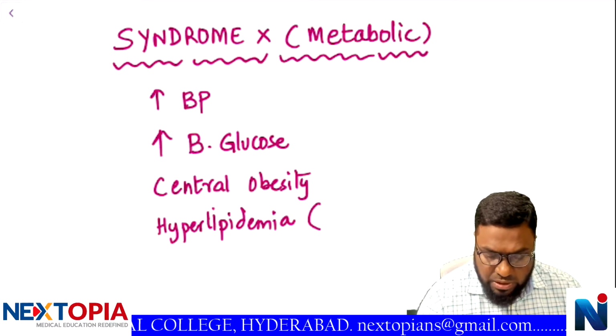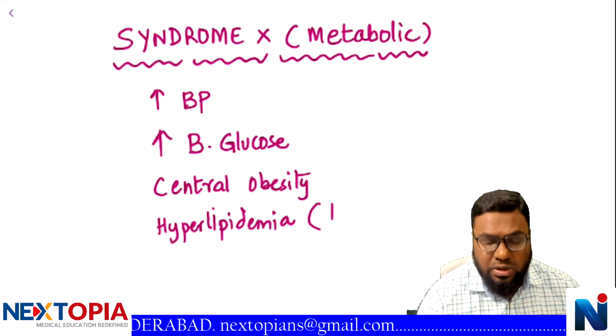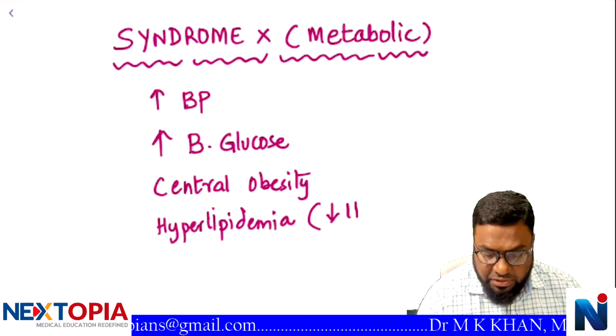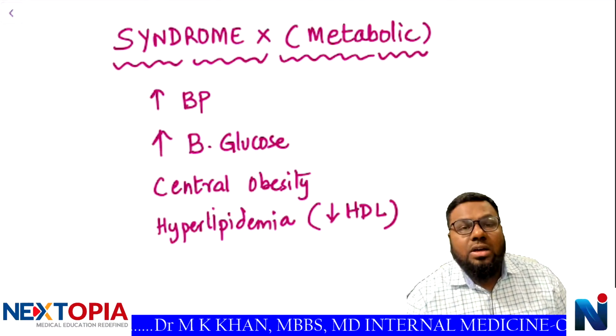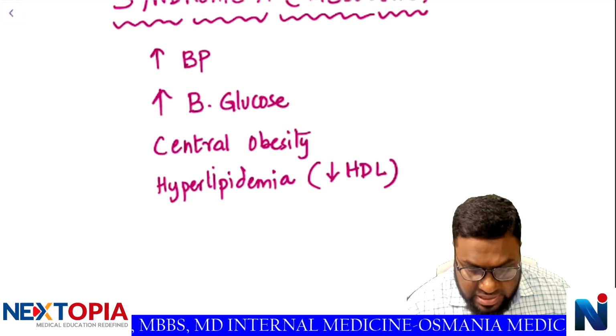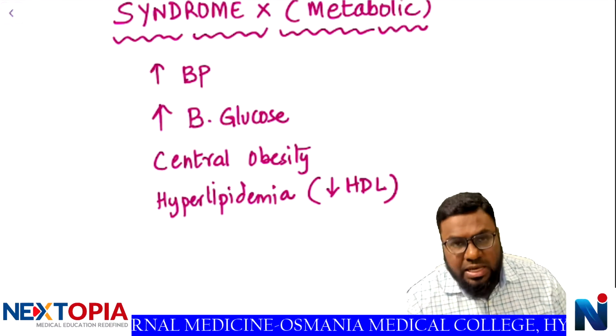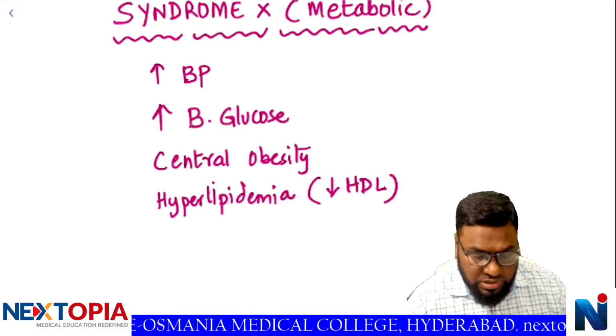Here, the patient has all lipid levels high, LDL, total cholesterol, but there is a decrease in the protective lipid, that is the HDL, low HDL values. This HDL is protective against atherosclerosis. So this person will develop atherosclerosis.